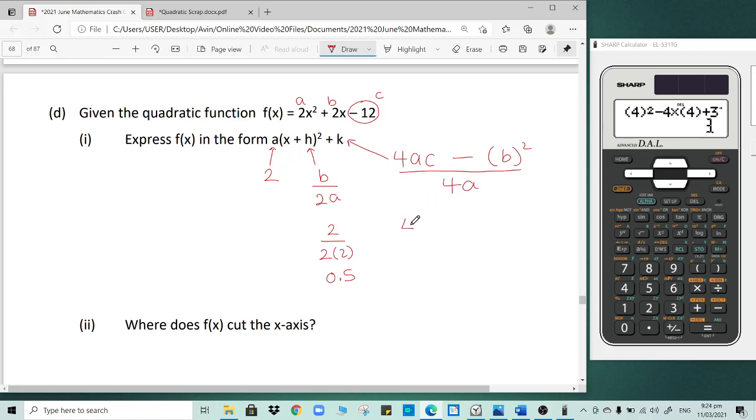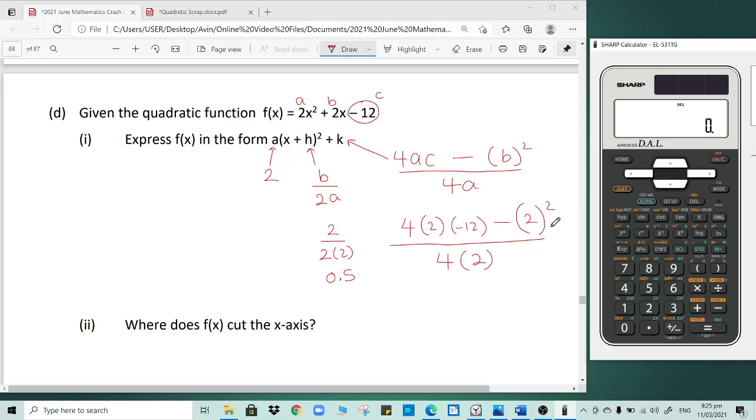To find k, we have to take 4. A is how much? 2. C is minus 12, minus open brackets, b is 2, close brackets, and then square it. And then we divide the whole thing by 4a, and we know a is 2. Go to the calculator. When I'm working on the top, I have to make sure I press equal before I divide by the underneath. Now 4 by 2 is 8, so I'm just going to do that piece in my head.